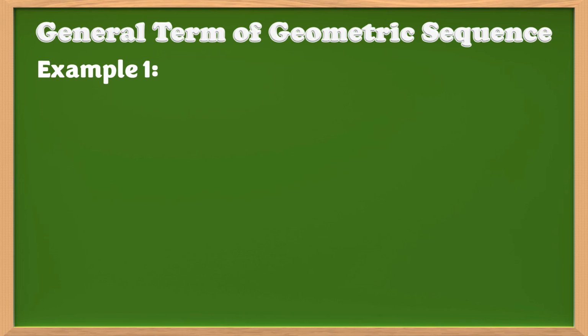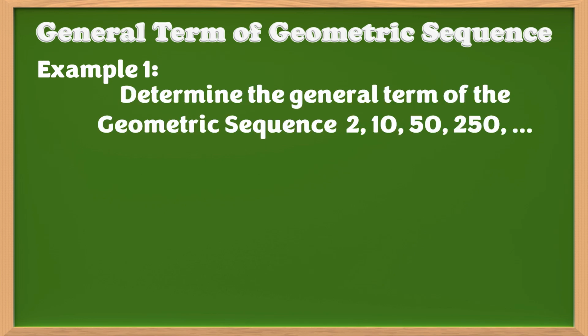So for example, number 1, determine the general term of the geometric sequence 2, 10, 50, 250, and so on. So first is we're going to determine the first term, and the first term in the given geometric sequence is 2. And the second term is 10. So this is the first term and this is the second term.